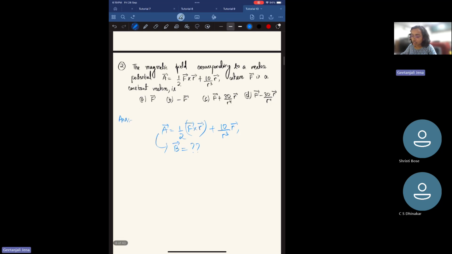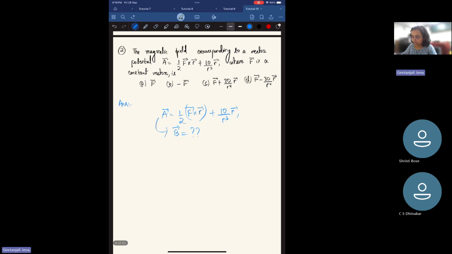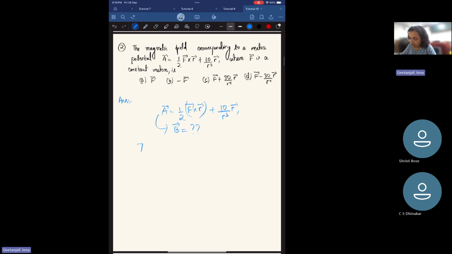So you just need to calculate what will be the curl of A. If you see curl of A, you can write it as half curl of F cross r plus 10 curl of r by r cube.